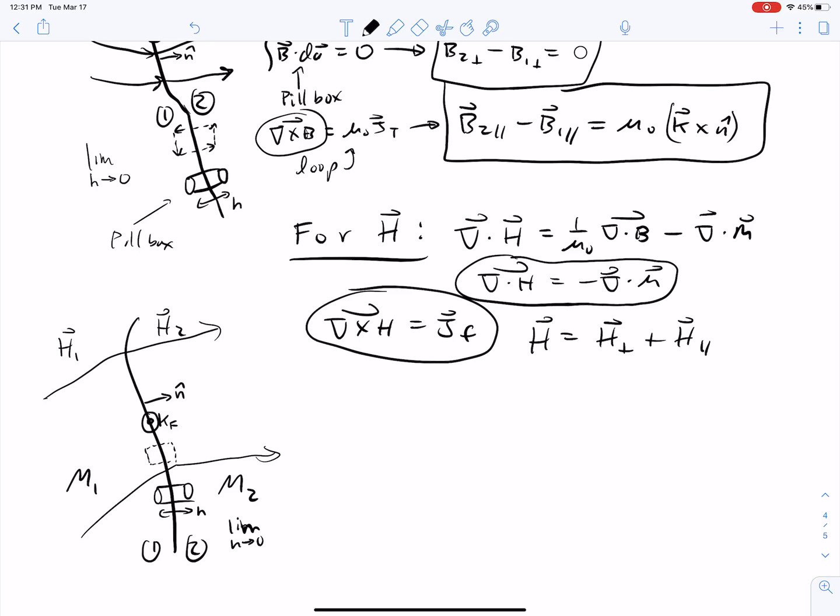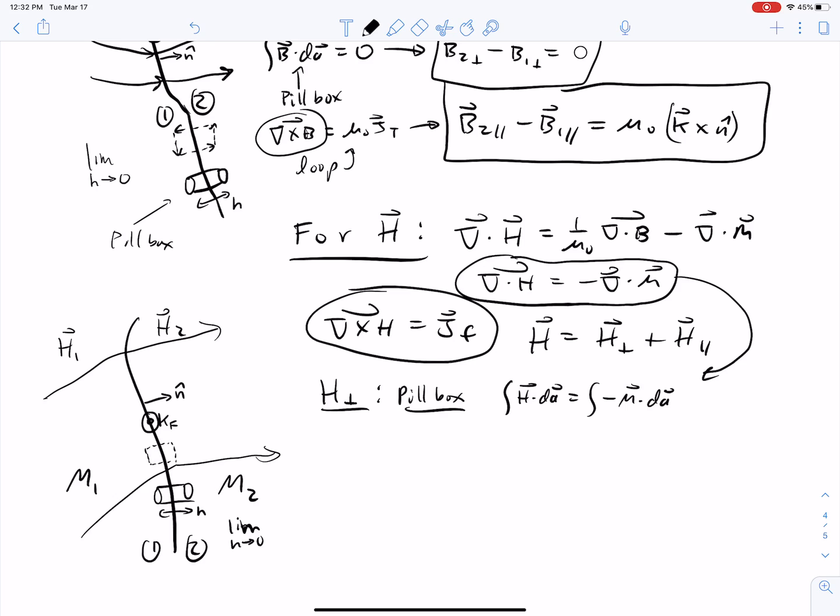So let's start with the normal case. Let's do the H perpendicular case. And so this one comes from the pillbox analysis. From the pillbox analysis, we see that the integral of H dot dA is going to be exactly the same as the integral of negative M dot dA, from these divergence expressions.